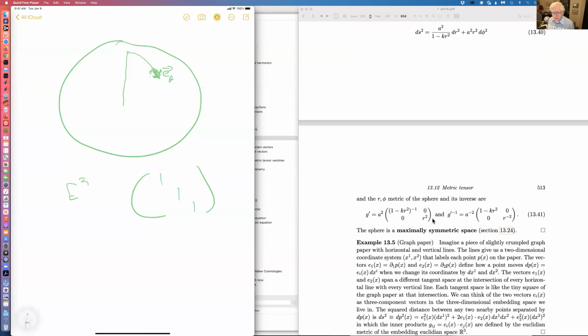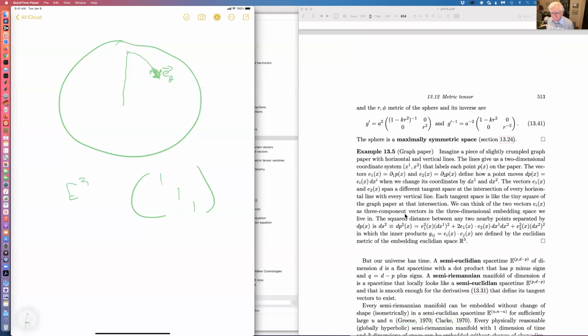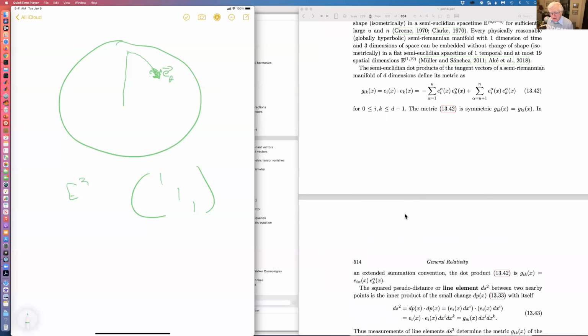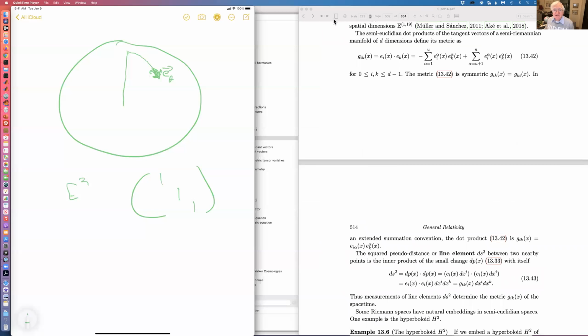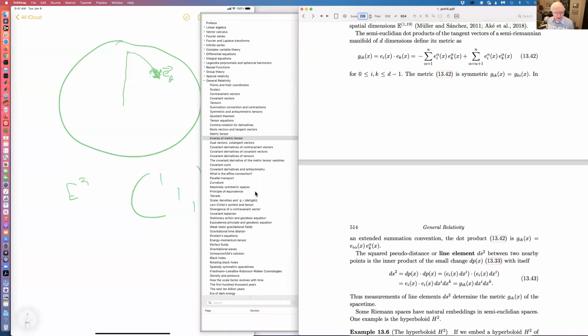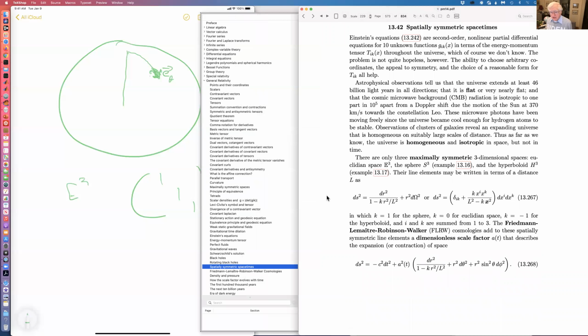Now, when you see this expression here, you might say, gee, that's kind of an interesting expression. And in fact, it's very close to something that one sees. So let me flash ahead to the metric that we saw at the end of the chapter on differential equations.